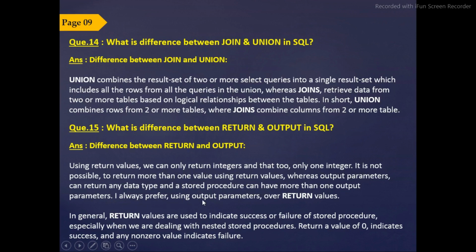I always prefer using output parameter over return values. In general, return values are used to indicate success or failure of store procedure, especially when we are dealing with nested store procedure. A return value of 0 is success and any non-zero value indicates failure.